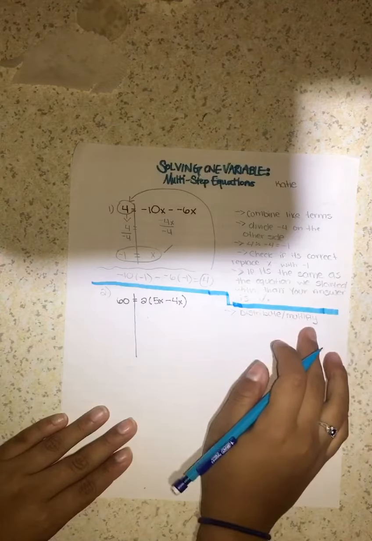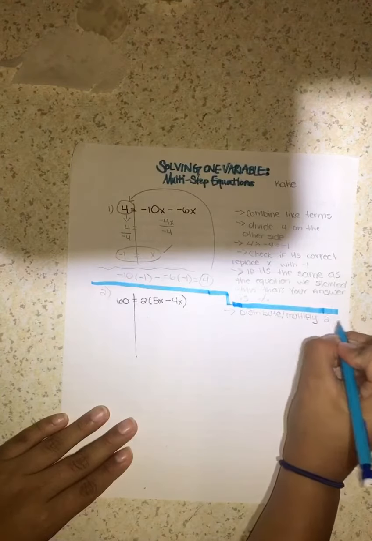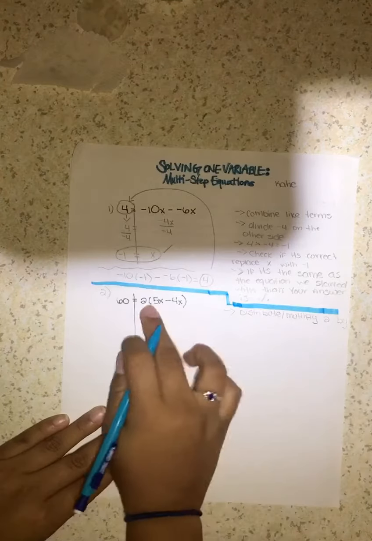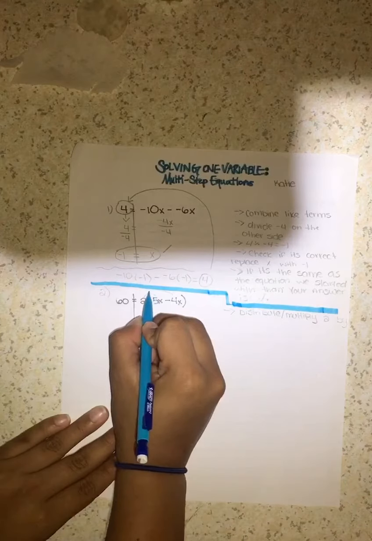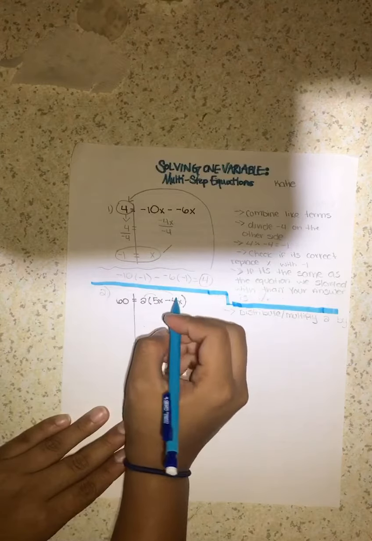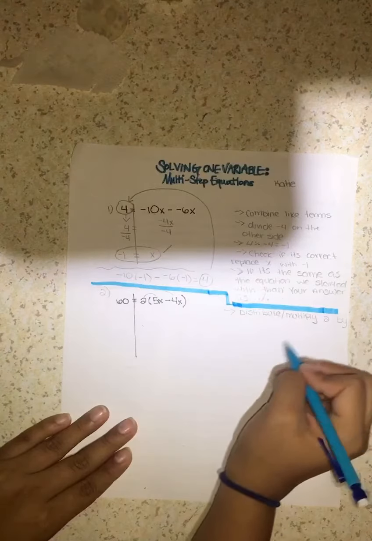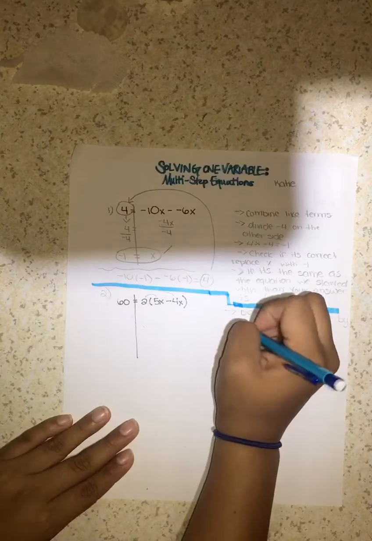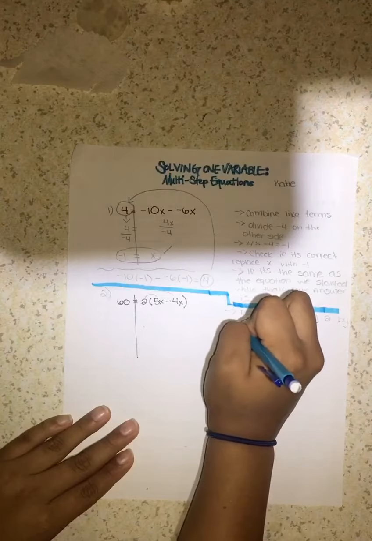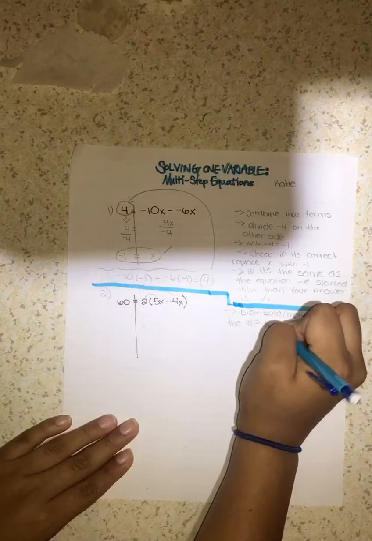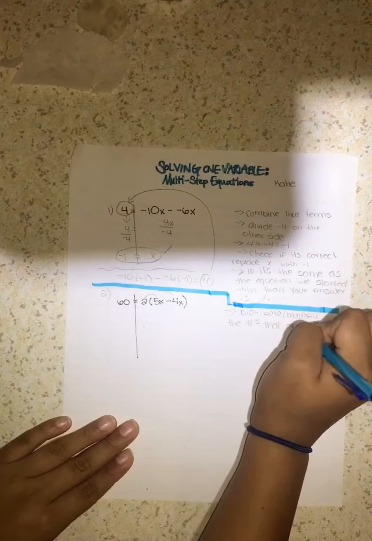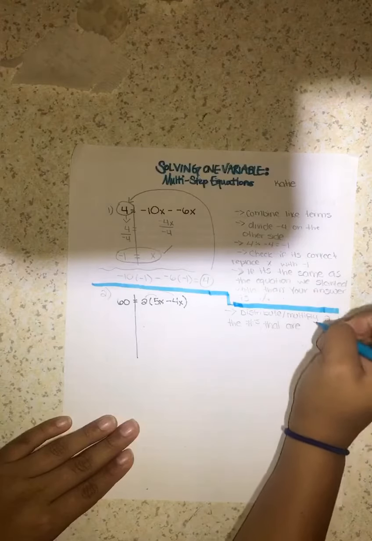So distribute or multiply the 2 by what's in the parentheses. So we're going to multiply 2 times 5 and 2 times -4. So distribute or multiply 2 by the numbers that are inside the parentheses.